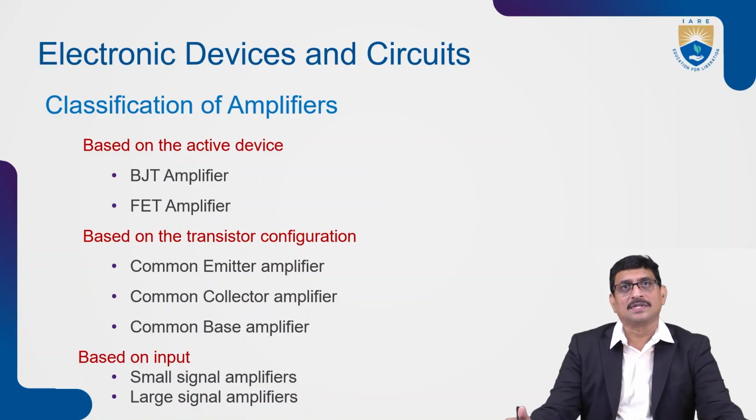One classification is based on the active device used in the circuit. If I am using bipolar junction transistors, it is called a BJT amplifier. If I am using field effect transistors or metal oxide semiconductor field effect transistors, we have FET amplifiers.